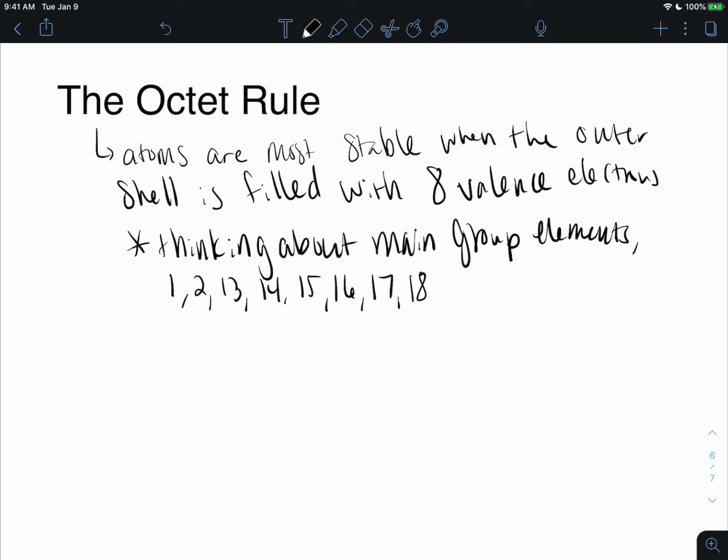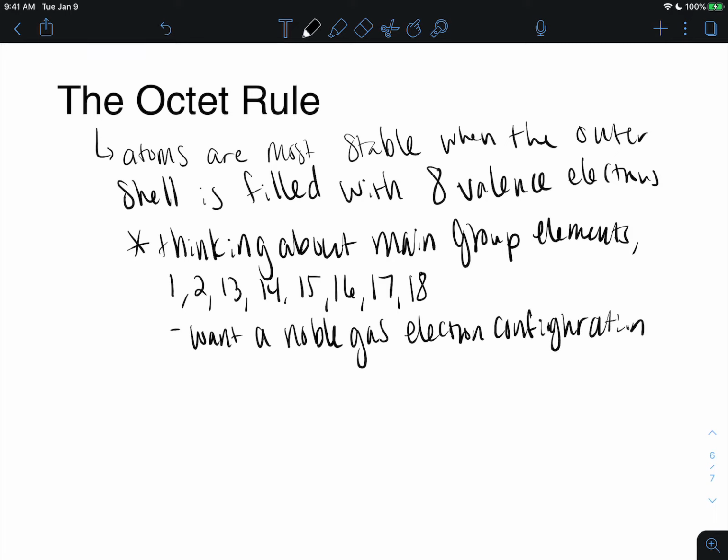So all of them want to achieve a noble gas electron configuration. So having those 8 electrons around that central point. 8 valence electrons.